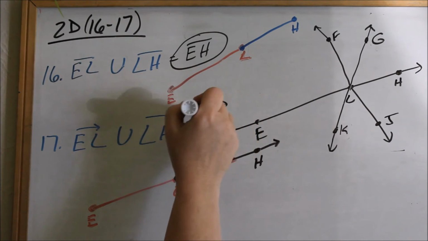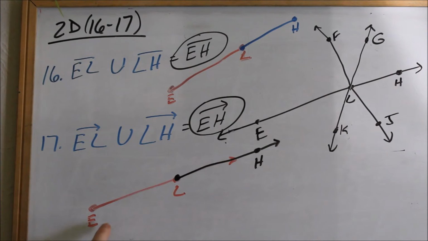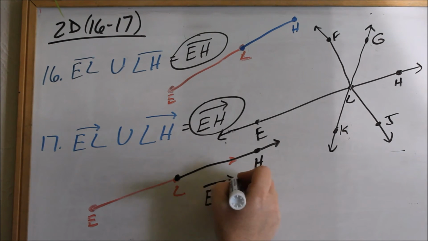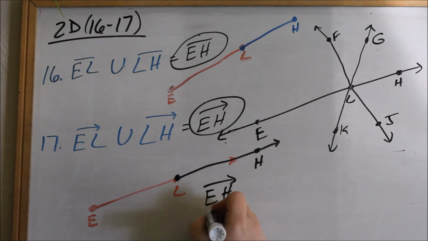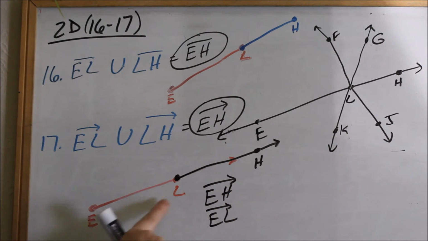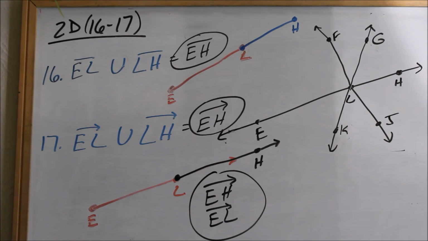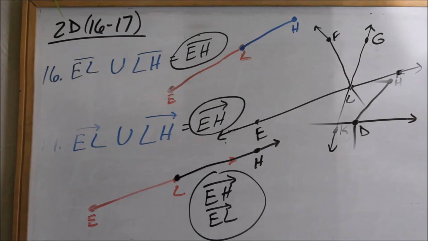Remember that ray symbol is very important up there. You could also call this ray EL, because if you start at E, go through L, and just keep on going. That's the only names. E has to be the endpoint, so it's either going to be called EL or EH. So those are two acceptable answers for number 17.